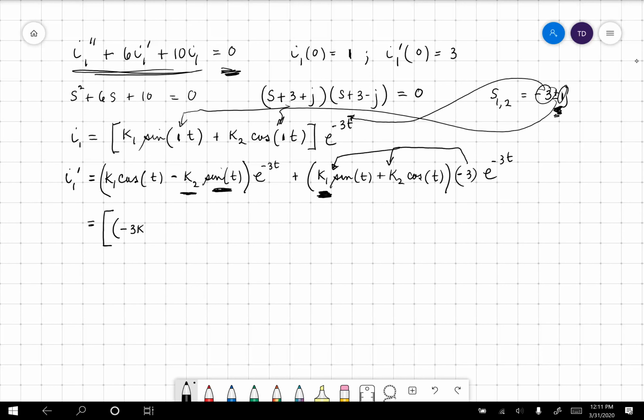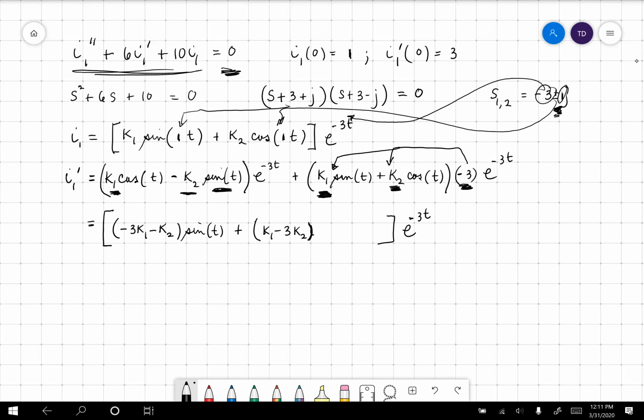Minus 3K1 minus K2. That multiplies sine of t. And it's going to have an e to the minus 3t afterwards. So hold on to that. And now the same thing for the cosine. So the cosine term is, there's a K1 on the cosine. And over here, there is a minus 3K2.